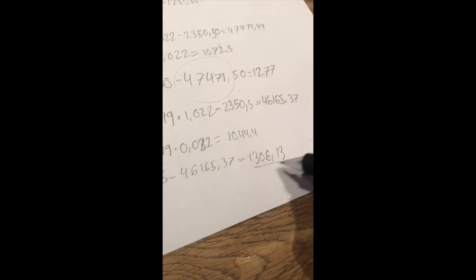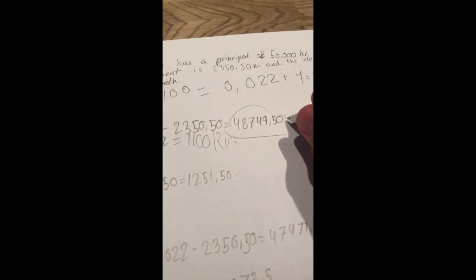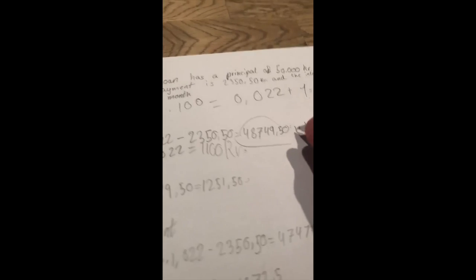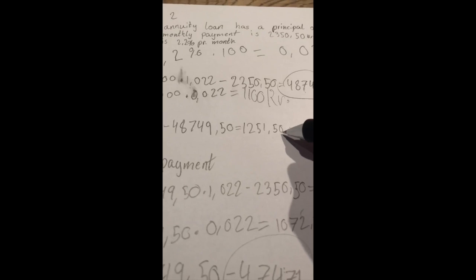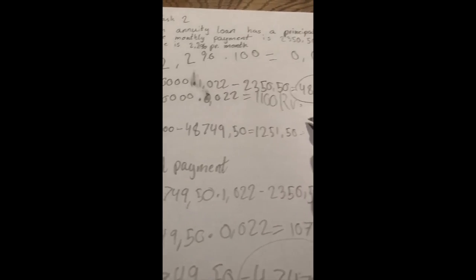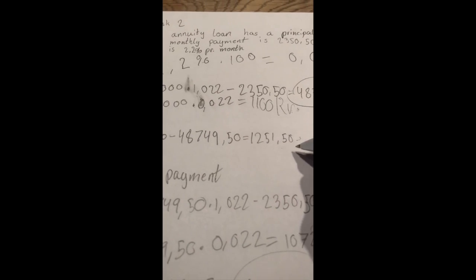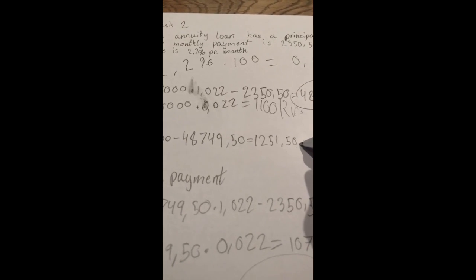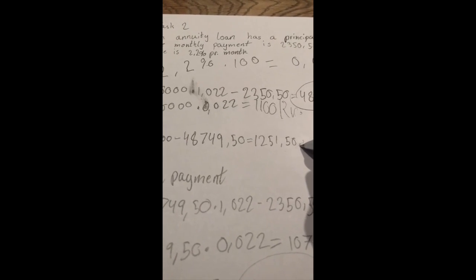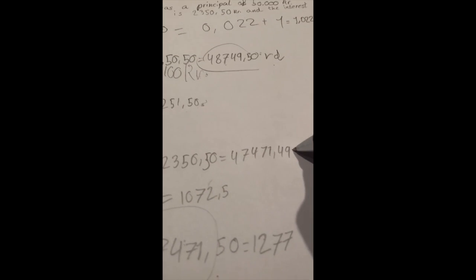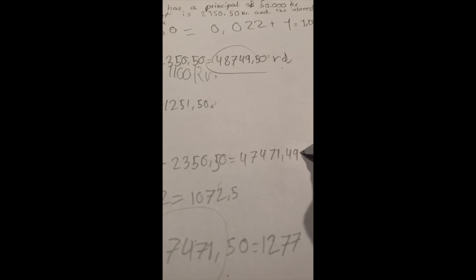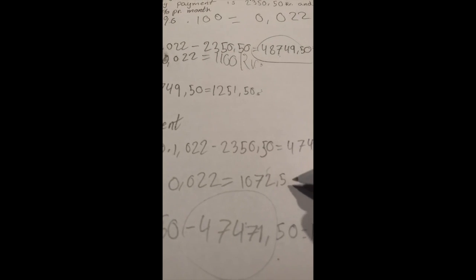So, remaining debt for the first payment, the interest for the first payment, this is the installment for the first payment. For the second payment, this is the remaining debt, this is the interest, and this is the installment.